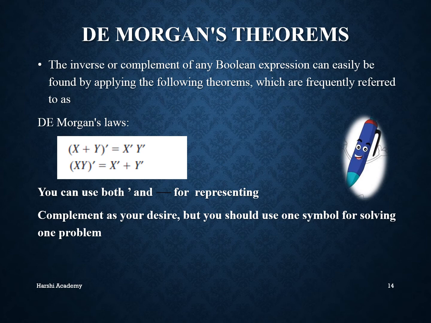There are two De Morgan's laws, first one and second one. You can use either symbol for representing complement as you desire, but you should use one symbol for solving one problem. You can use x complement or x bar or y complement or y bar.